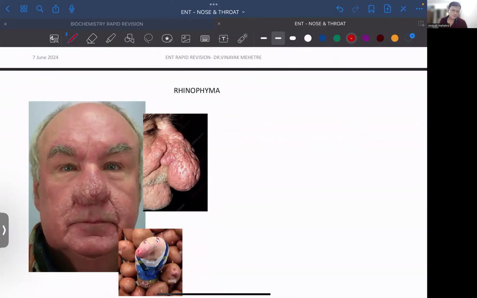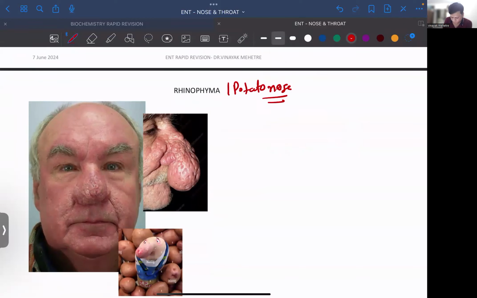Rhinophyma or potato nose. What happens over here? There will be hypertrophy of what? Sebaceous gland, right?